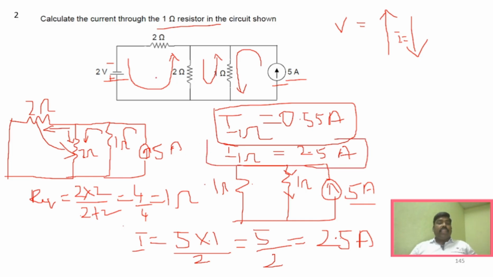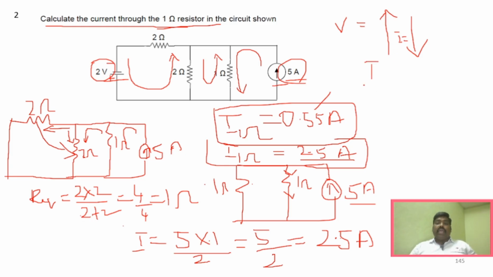Now what we have obtained is the current across this resistor. The current across this 1 ohm resistor because of the voltage source is 0.5, and because of the current source is 2.5. So what is the total current? We know these two currents are opposite to each other.